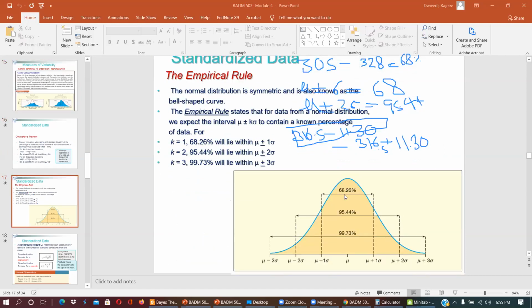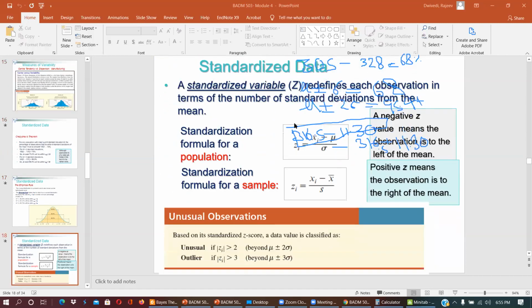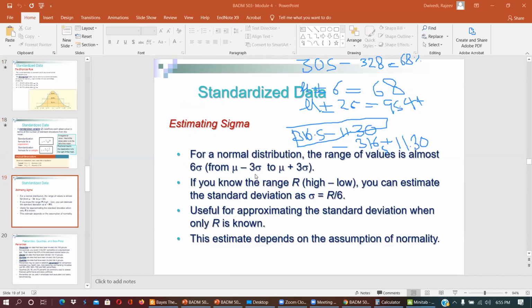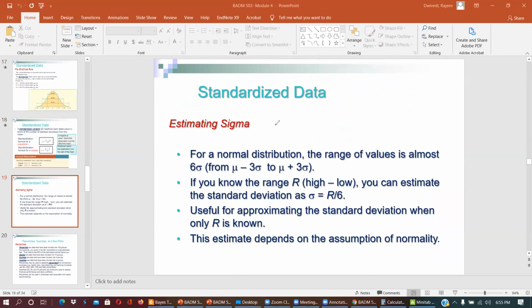Okay, if this is clear, this is a standardized variable, mu minus sigma. Now, the range of the data is equal to 6 sigma, means 99.73% data, you can say, entire data will be within 6 sigma range.